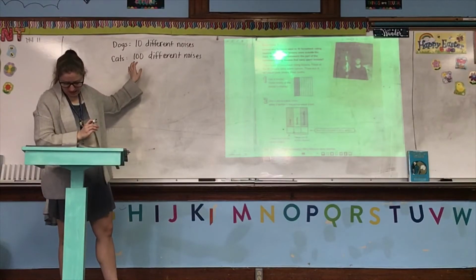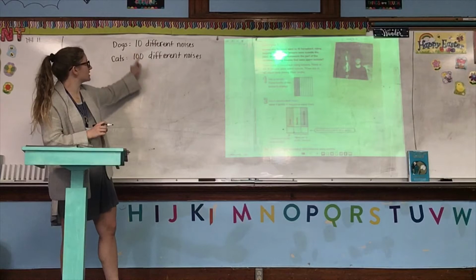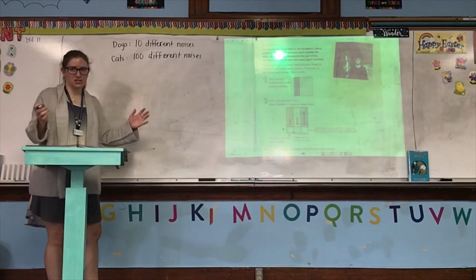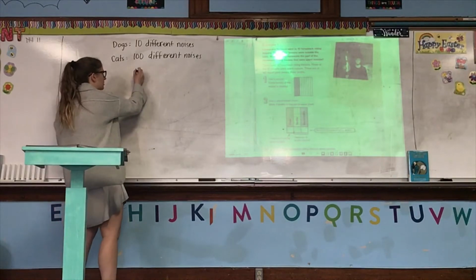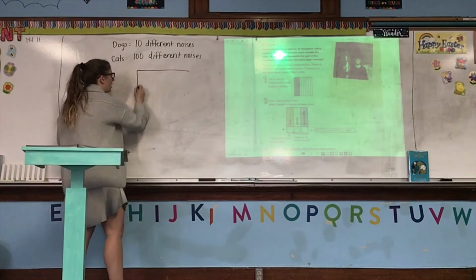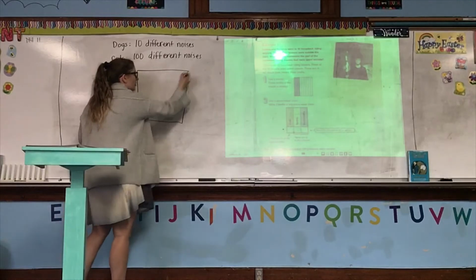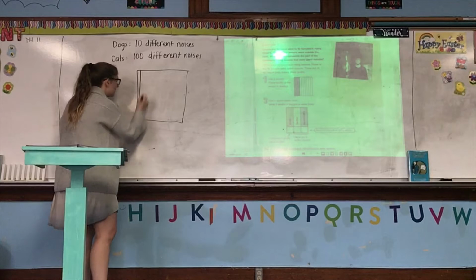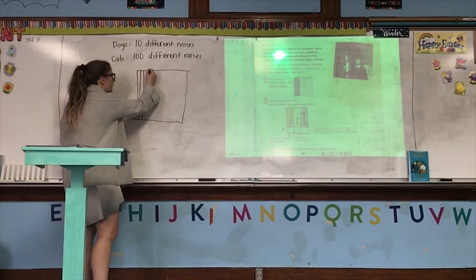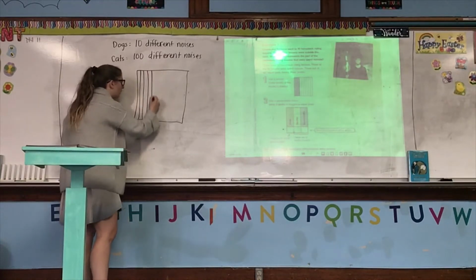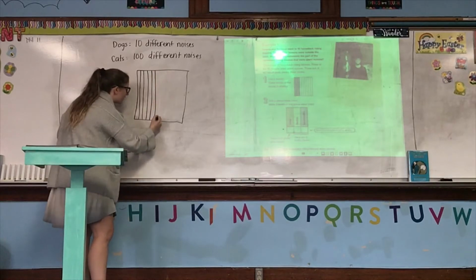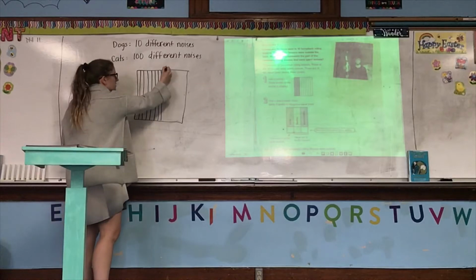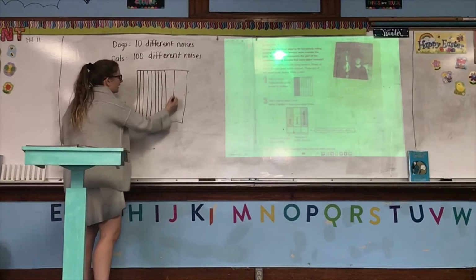that shows the fraction of noises dogs make versus cats. So, what I'm going to do is draw a grid, and I'm going to break it into 10 pieces. 1, 2, 3, 4, 5, 6, 7, 8, 9, 10.